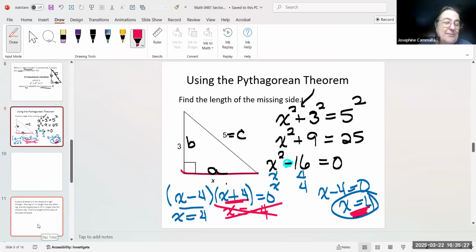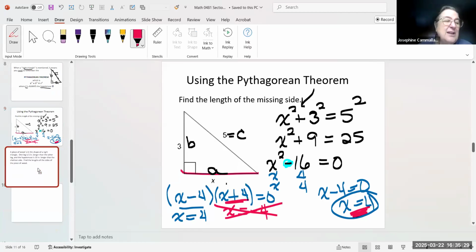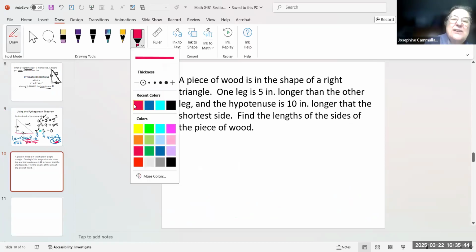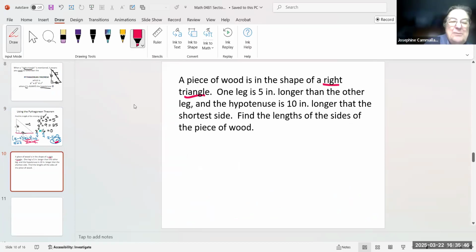Okay, now, here comes the fun part. Story problem. Okay? One piece of wood is in the shape of a right triangle. Okay, picture time.